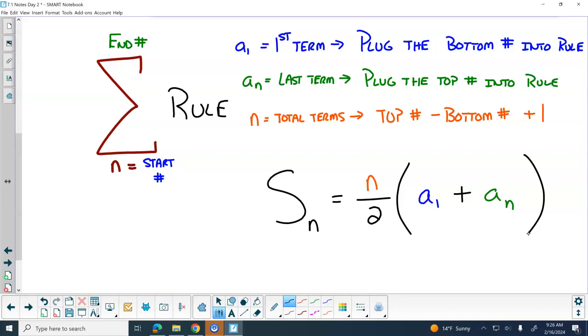Okay? So you need those three things, and that's how you get them from sigma notation.